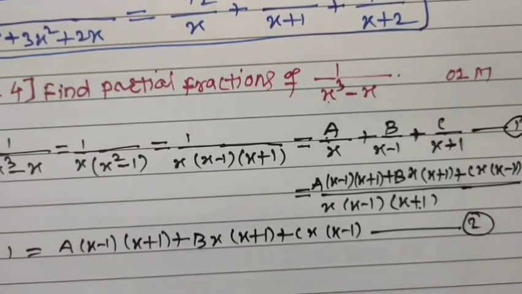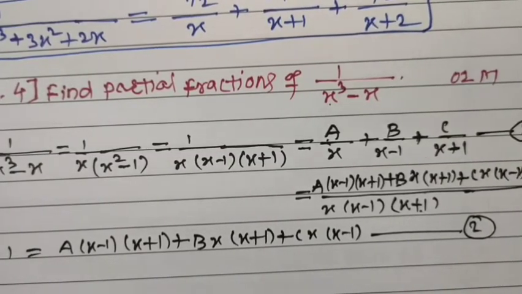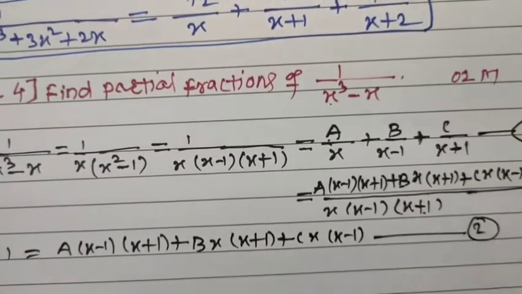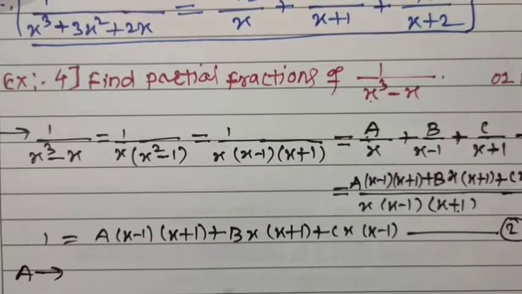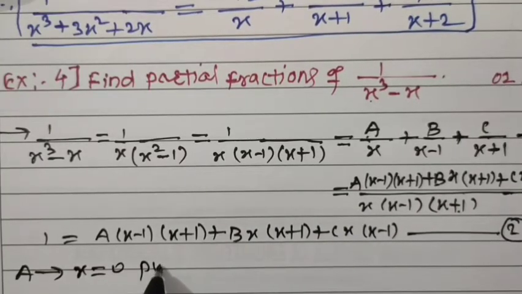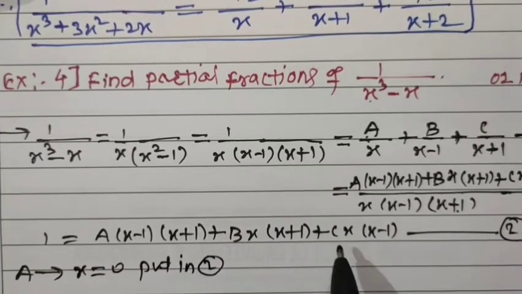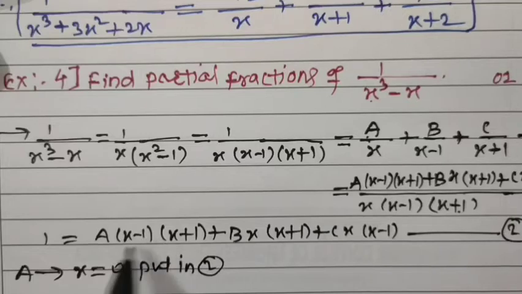Now using equation number 2, we have to find the values of arbitrary constants a, b and c. To find the value of a, the denominator of a is x, equate x to 0 and put in equation number 2. So x is 0 means this term becomes 0 and this term becomes 0. There remains only this term.